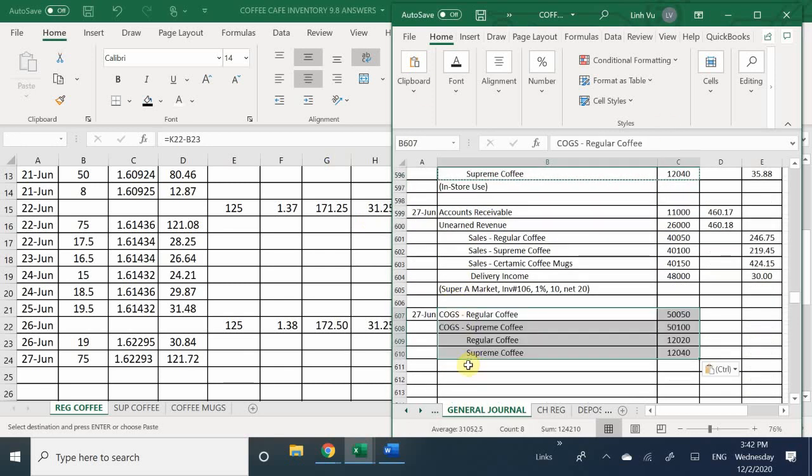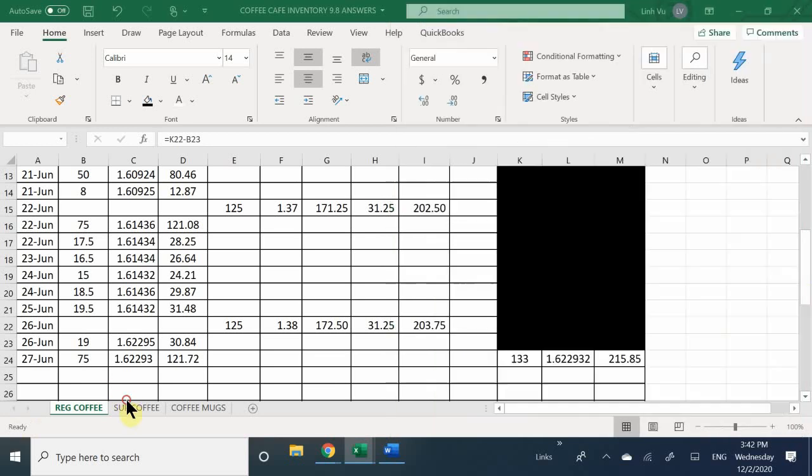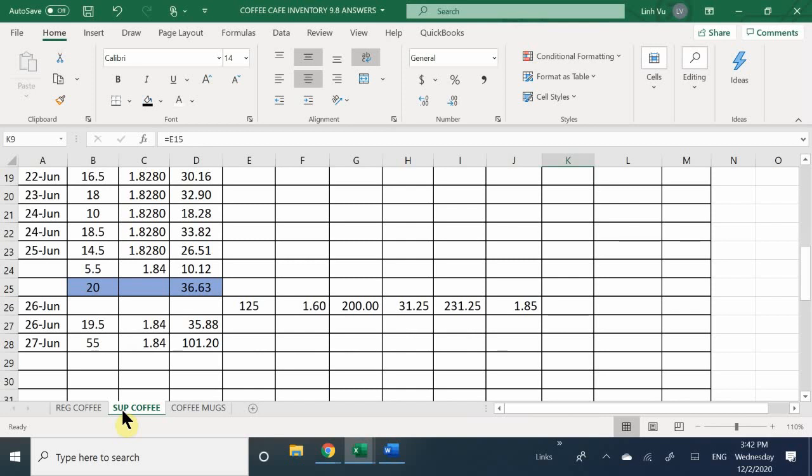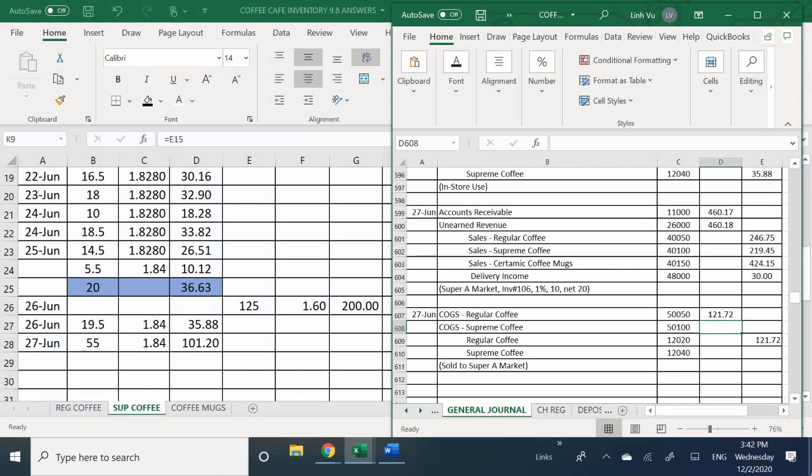And we bring my sheet back up here. Okay, and the regular coffee is $121.72. Supreme is 101.20.